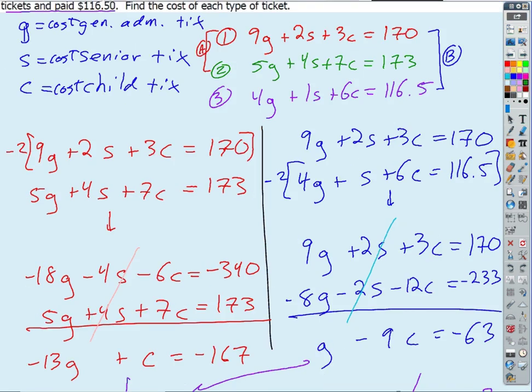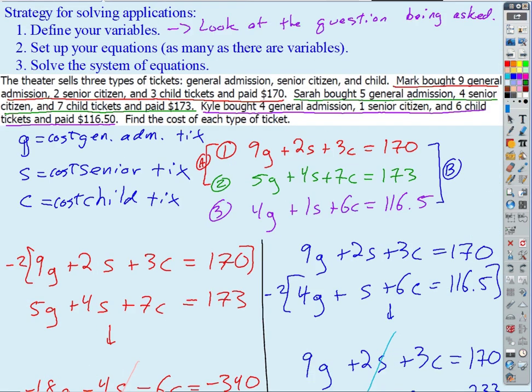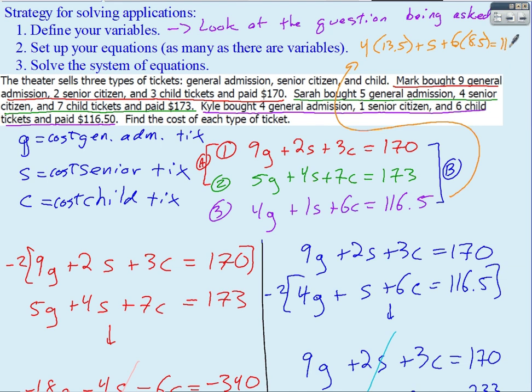So C is 8.5. Okay, $8.50 for a child ticket, it looks like. And then we'll plug both of those back into the original. What's the easiest original one? Probably the bottom, I guess? Yeah. So if we go into the bottom one, we're going to get 4 times 13.5, right? Plus S plus 6 times 8.5 equals, I'm running out of space here, 116.5.